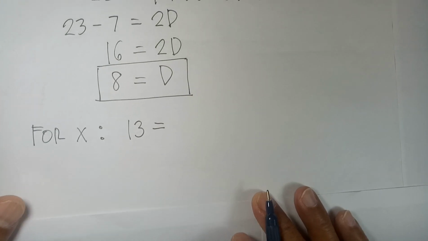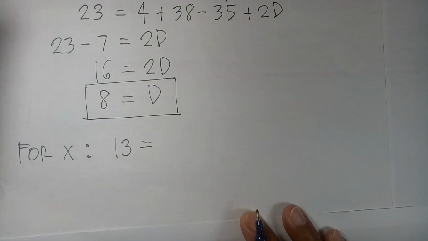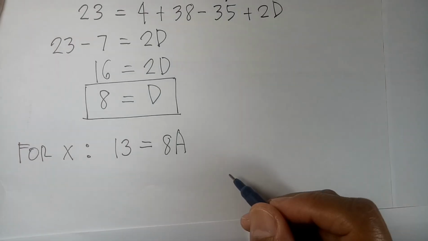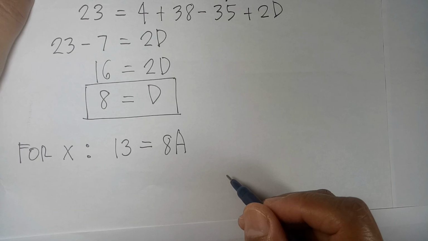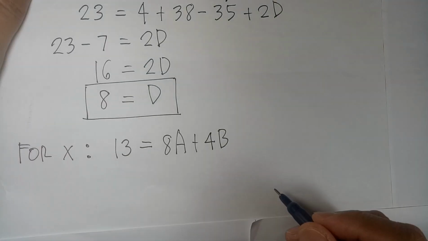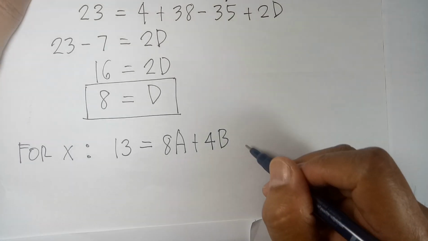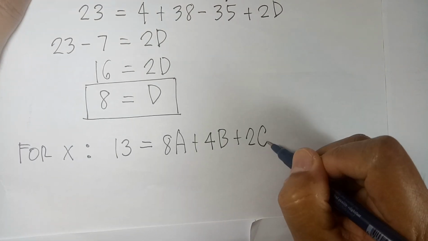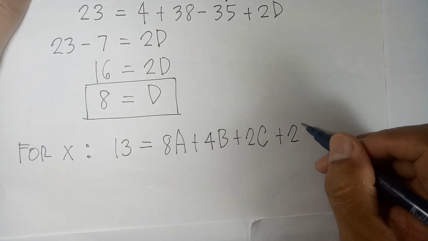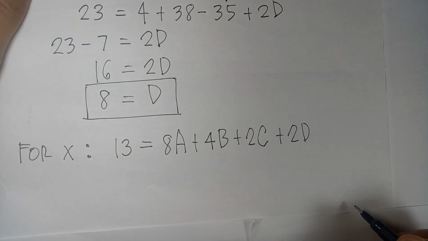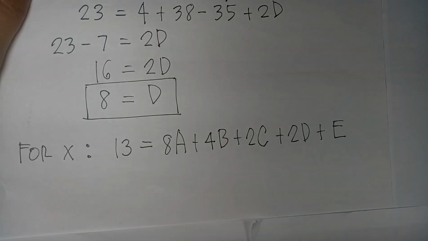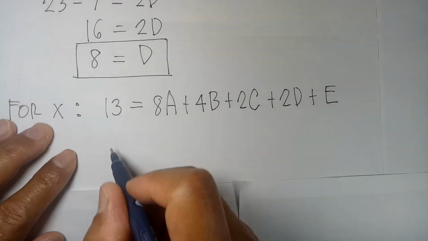Sa right side ay 8A plus 4B. And then plus 2C plus 2D and then plus E. Okay. So, meron tayong 13.